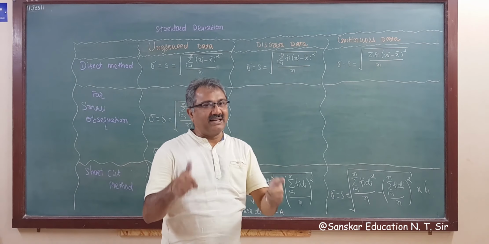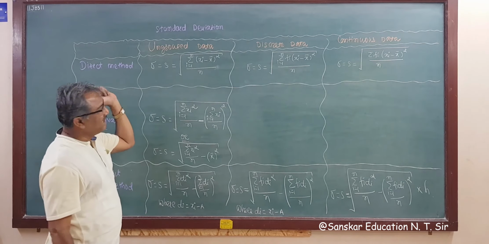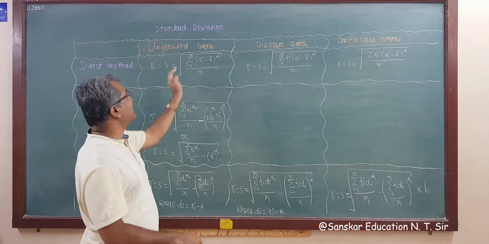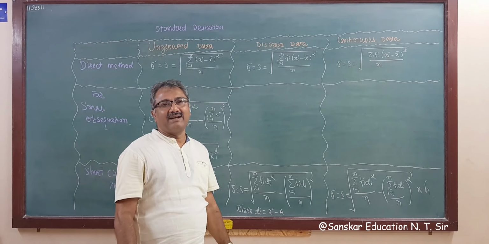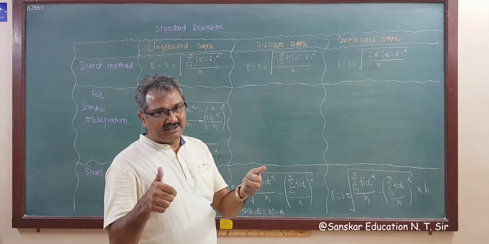Remember, variance is sigma xi minus x bar whole square upon the number of observations, not this, which is the standard deviation. Got it?